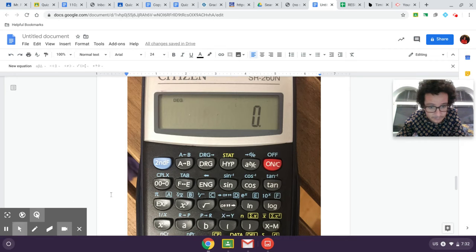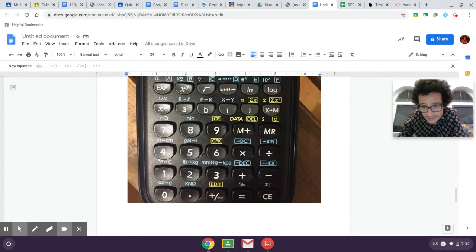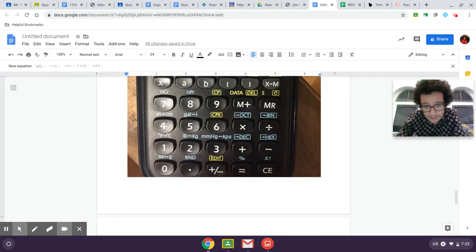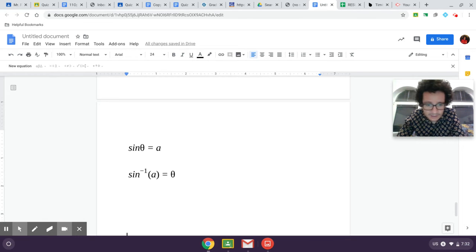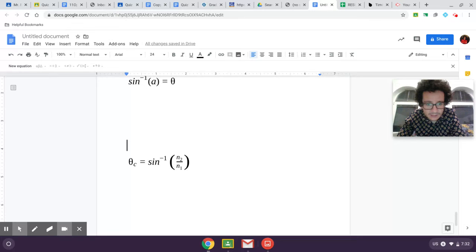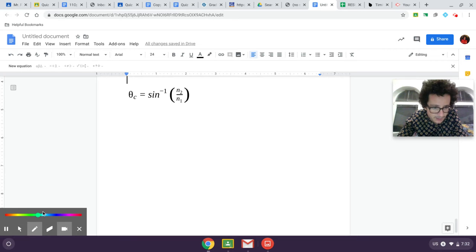So that's actually very useful. You are going to need that to calculate the critical angle when you want to know if you will or will not have a total internal reflection. Okay, the critical angle is given by this. How is that? Let's have a look.